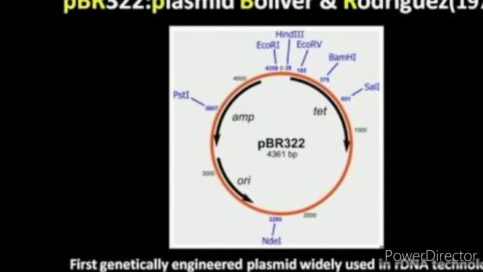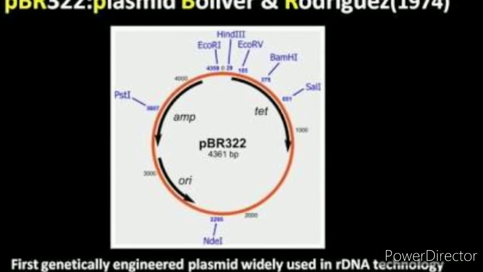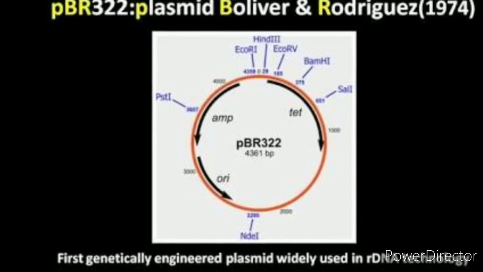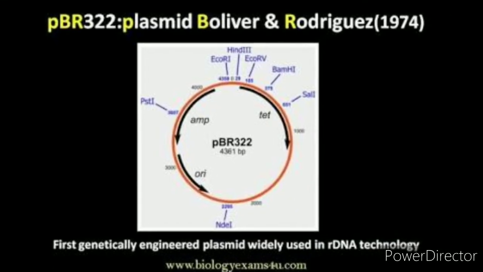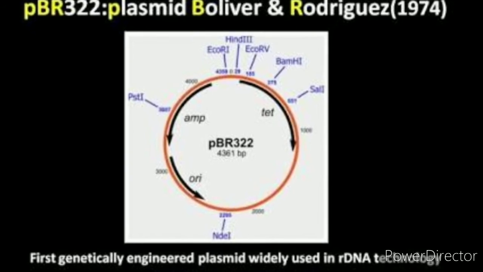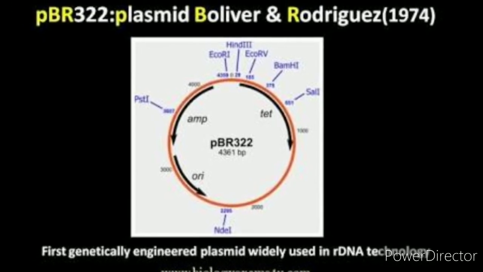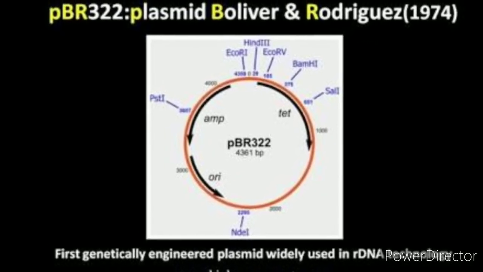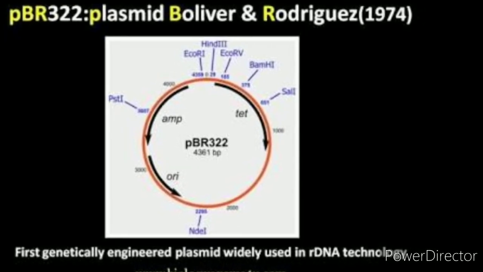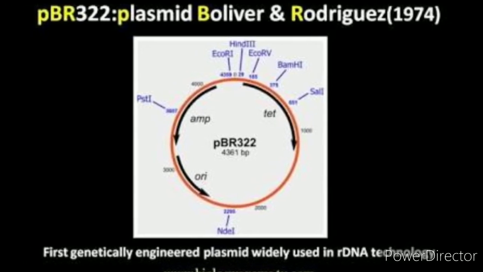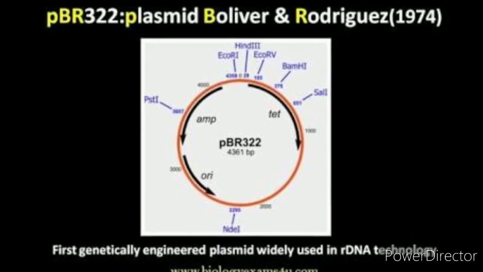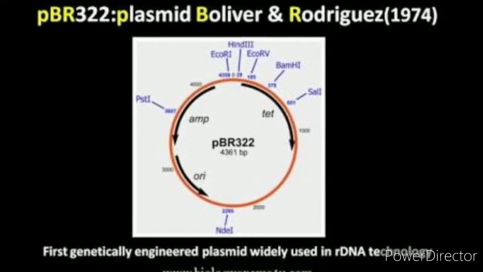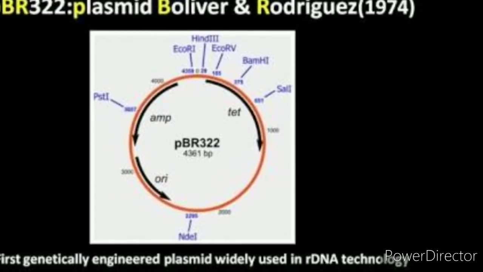In pBR, p denotes plasmid, and B and R are the names of the scientists Bolivar and Rodriguez, who developed this plasmid. The number 322 is the number of the plasmid developed in their laboratory. It contains ampicillin resistance and tetracycline resistance genes and recognition sites for several restriction enzymes such as HindIII, EcoRI, BamHI, SalI, etc. ROP codes for the proteins involved in the replication of the plasmid.